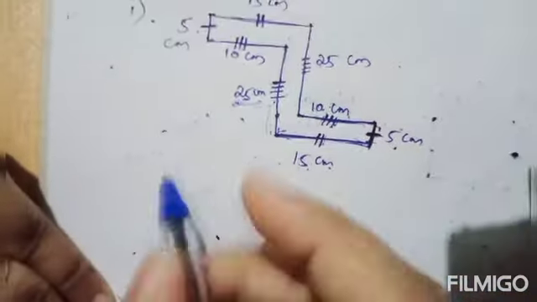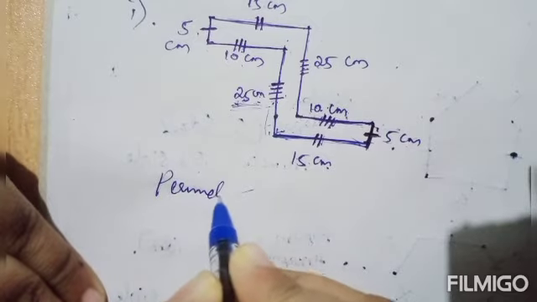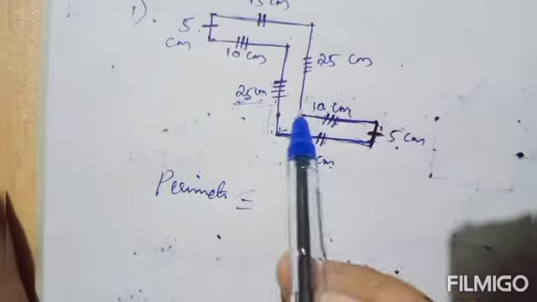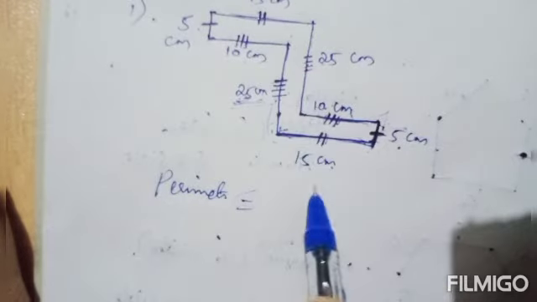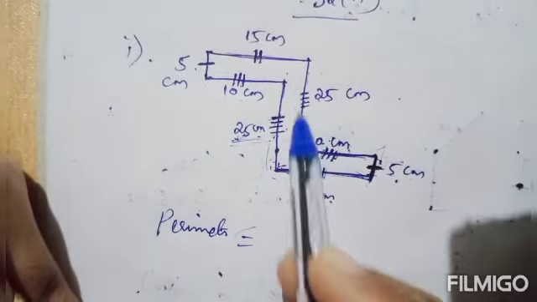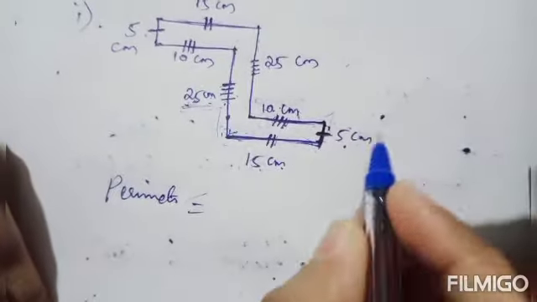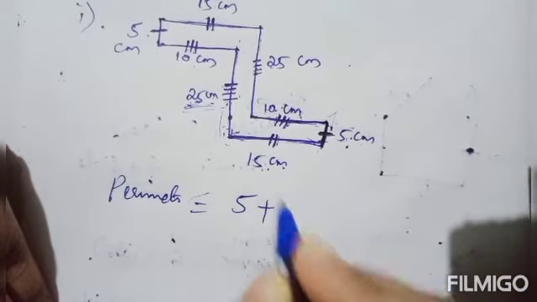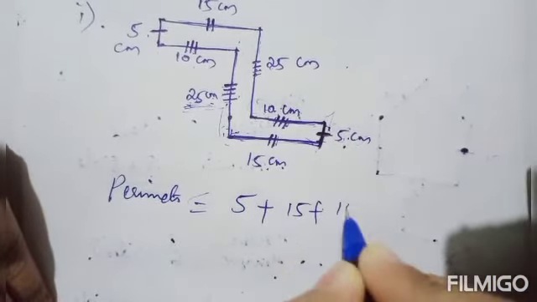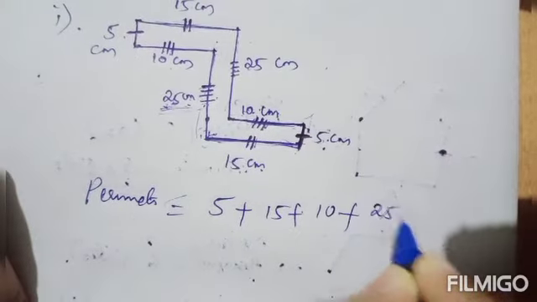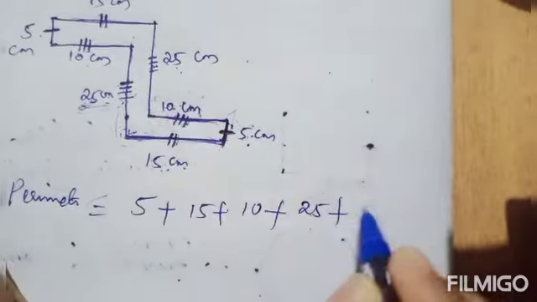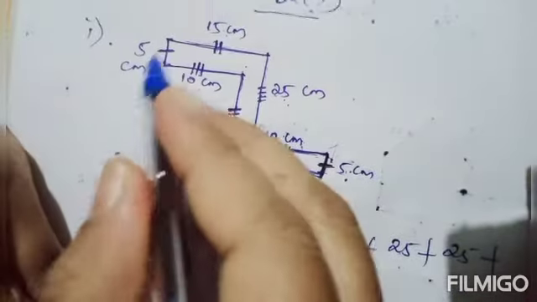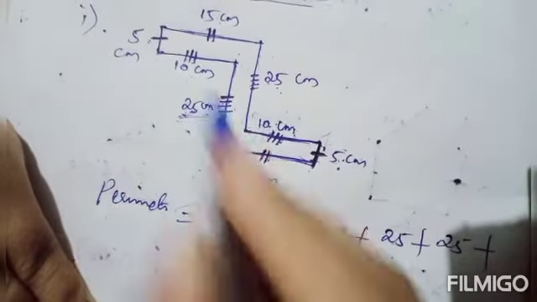Okay, now how can you find the perimeter of this figure? Perimeter equal to sum of the length of its sides. Okay, length of all its sides you have to take. That is the perimeter. So you can start from here. 5 centimeter plus 15 plus 10 plus 25 plus, again here 25 is coming, 25 plus, now 15 is coming, 15 plus, now 5 plus this 10.